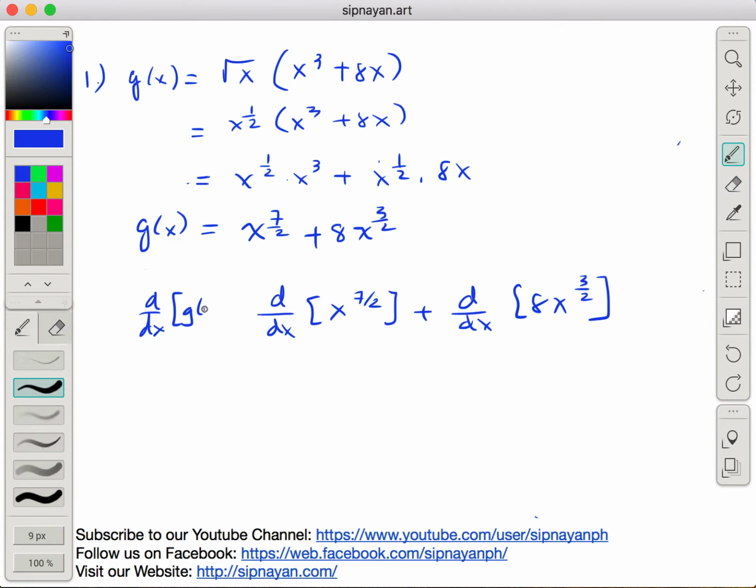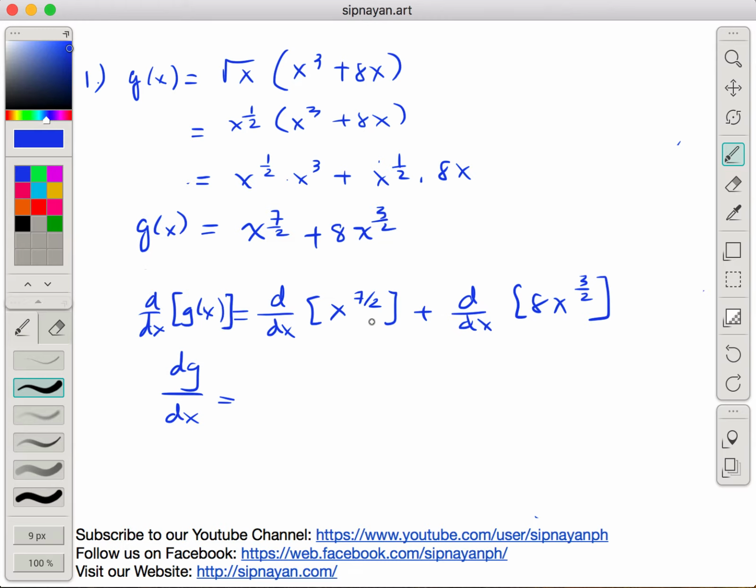But I would prefer it to be uniform. No? So, magiging, what is the derivative of x to the 7 halves? Kung hindi niya intindihan yung notation, check niyo yung notation natin and explain ko na yung use niyan. So, I have no time to explain it here.